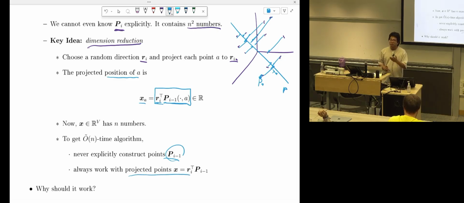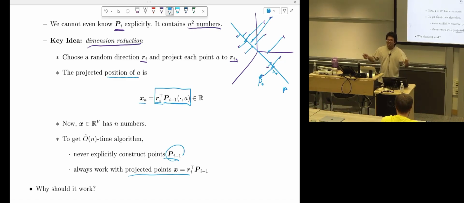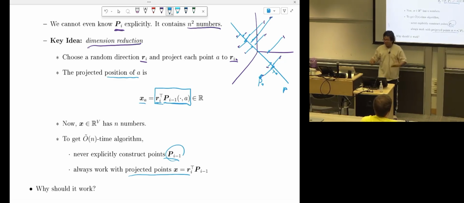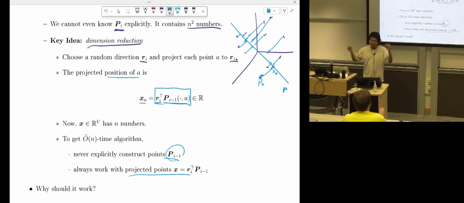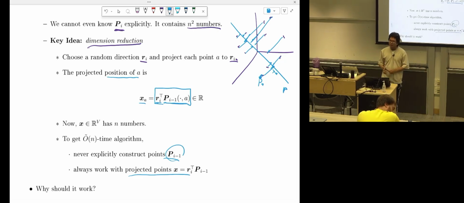Okay. But you can have very far points that project to very close points. Yeah. So why should this work? There can be some very far points and then they project to something very close. When you project something, you lose information, right? You really reduce information from n dimensions to 1.